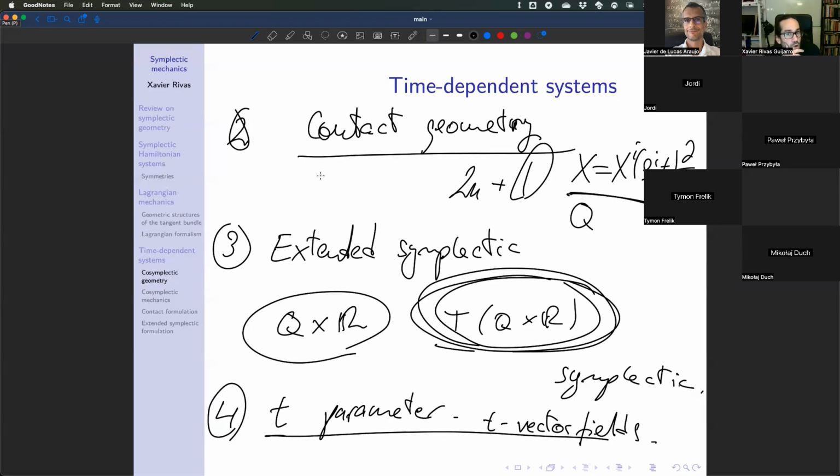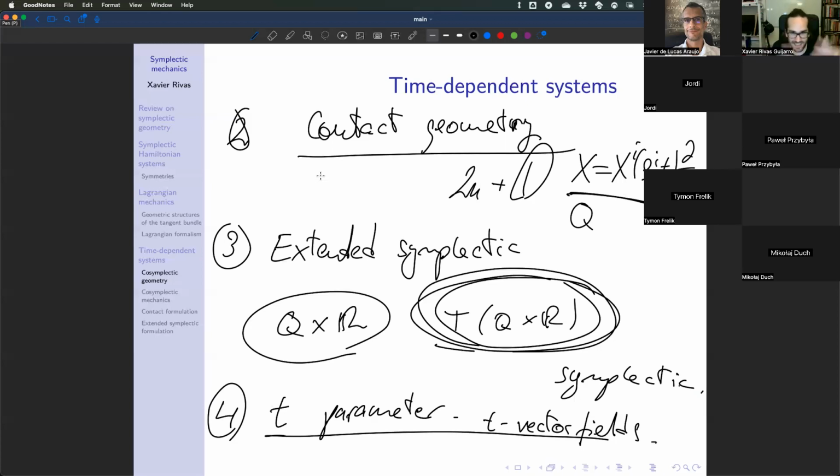For example, at least the t-dependent approach has the problem that time symmetries of systems involve the partial derivative with respect to time, and when the time is a parameter, you cannot deal with these things. So you need the extended approach or the contact geometry approach. Oh, interesting. Well, I didn't know about this. I don't know a lot about thinking of the time as a parameter.